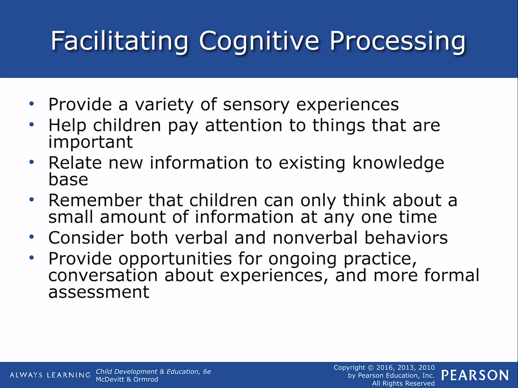So how do you facilitate all of this? In very young children, you want to provide a variety of sensory experiences. You want to help them pay attention to things that are important. So think about this. At first, when you're reading, you're going word, word, word, word, word. And then you're trying to sort of look at the picture and then tell your own story.